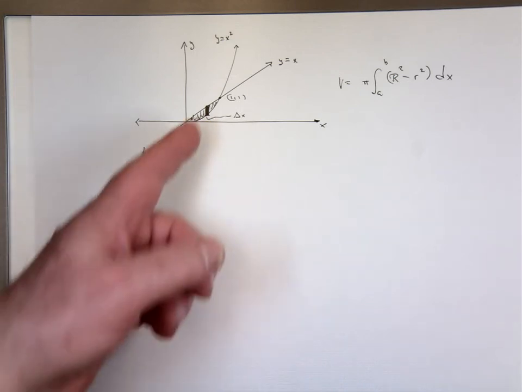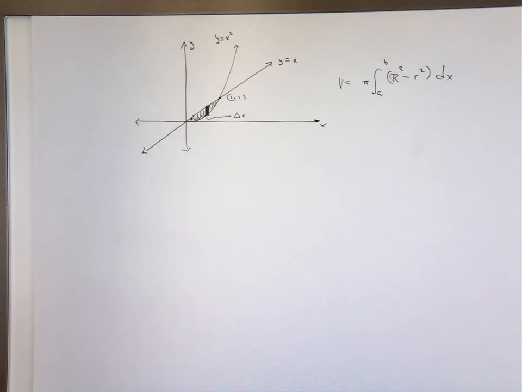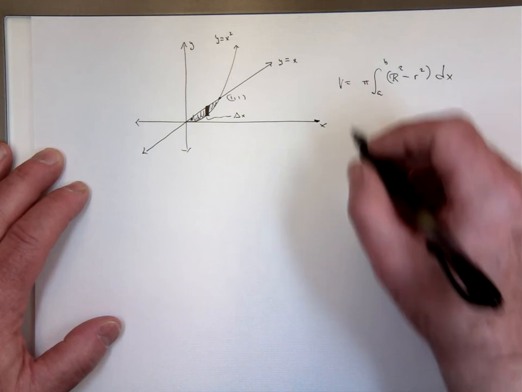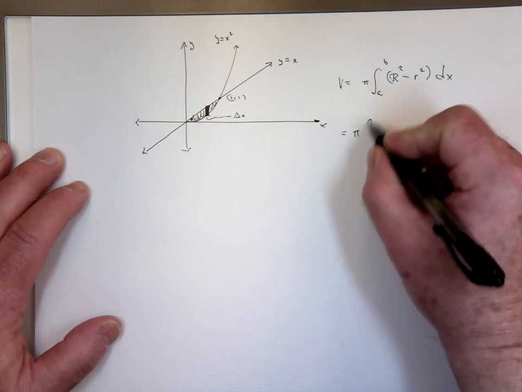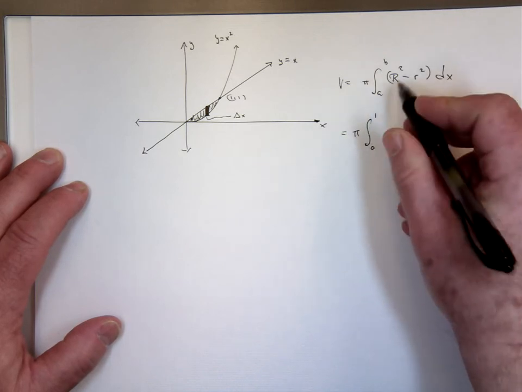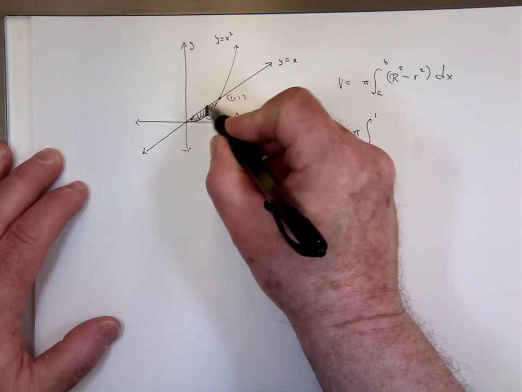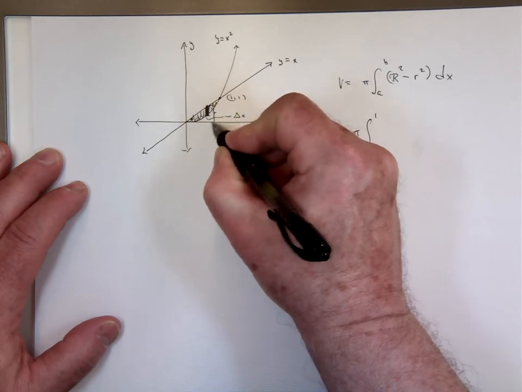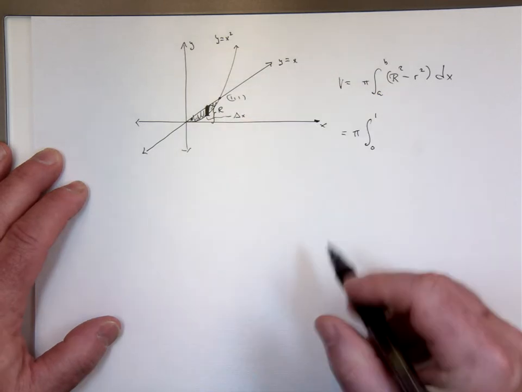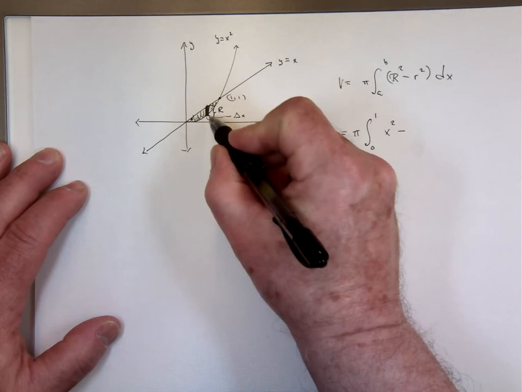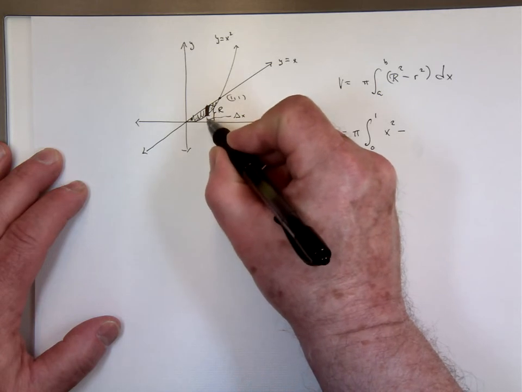Let's do it. Volume is pi, the integral from 0 to 1. Big R is this distance right here to the top function, and big R is equal to x. Little r is the height to the bottom function, and that is x squared, and we're going to square that. This is what you should have.